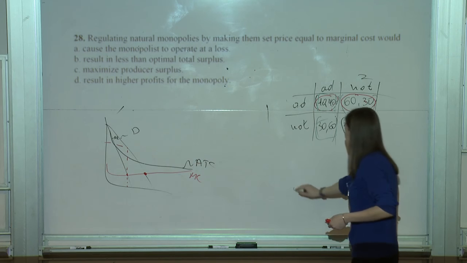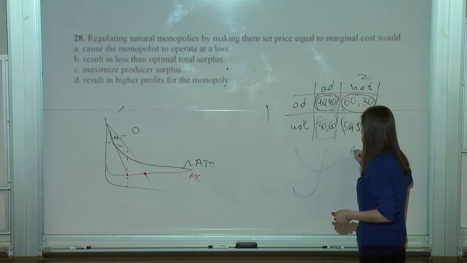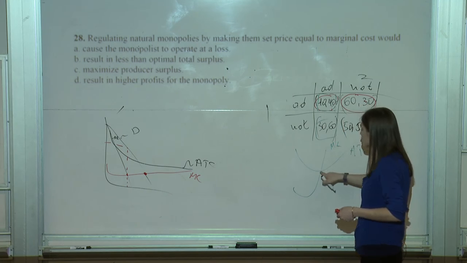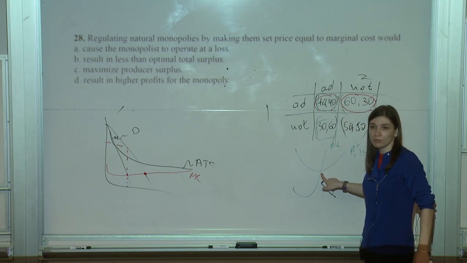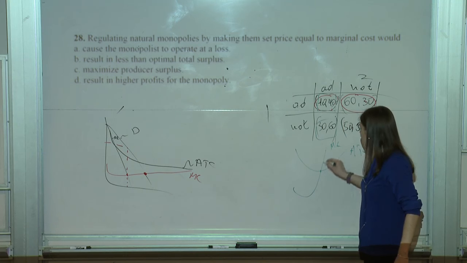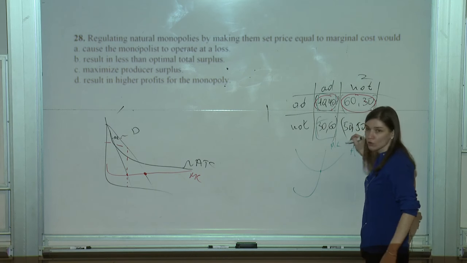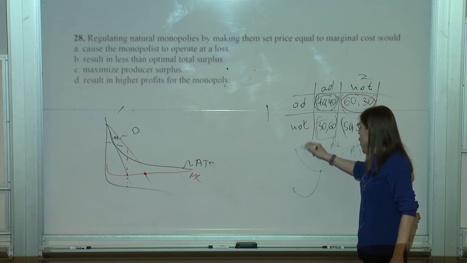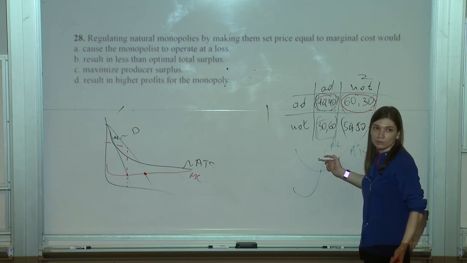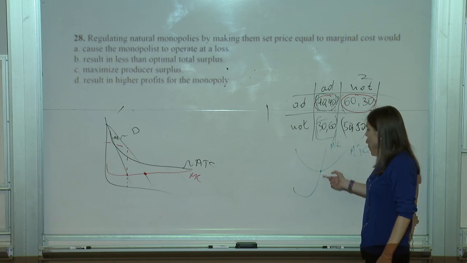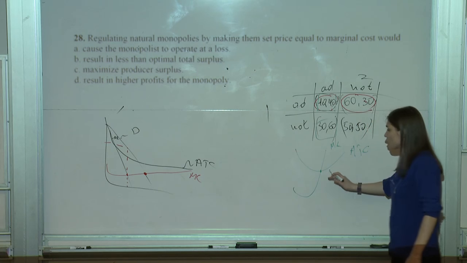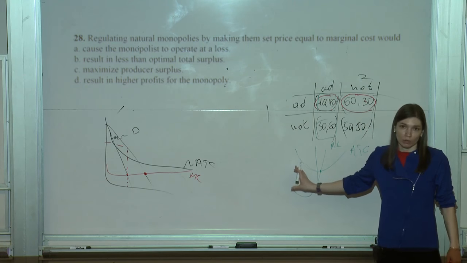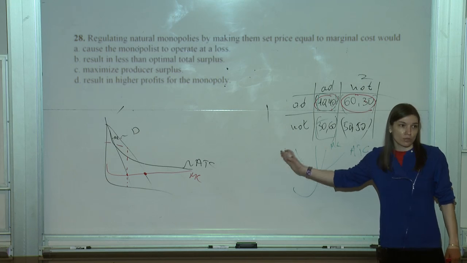In general, this is average total cost and this is marginal cost. We know it's always going to intersect average total cost at the minimum. Whenever it's higher than average total cost, average total cost is going up. When it's lower, average total cost is going down. Because in a natural monopoly we're only in this portion, marginal cost is always going to be lower.